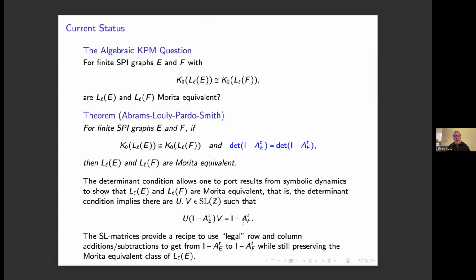So this is sort of the recipe that my co-authors Søren Eilers and Gunnar Restorff, and I, basically use to classify all graph C-star algebras. So once we get to these SL matrices, we perform these legal row and column operations.